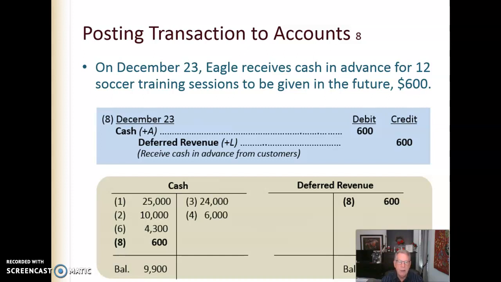We only include revenue on the income statement when it is earned, and we haven't earned this yet. So we're going to increase our cash by debiting it. It's an asset, as you know, left-hand side. And deferred revenue or unearned revenue is on the right-hand side of the balance sheet as a liability. We're going to increase it with a credit.